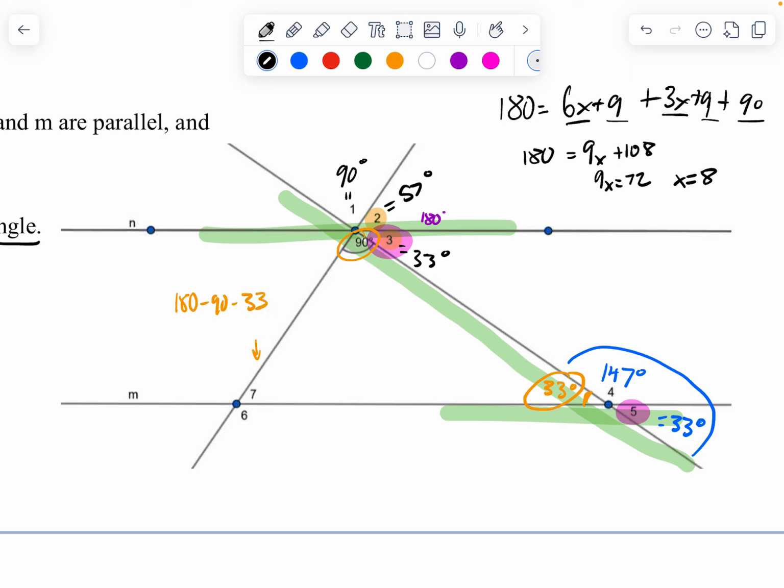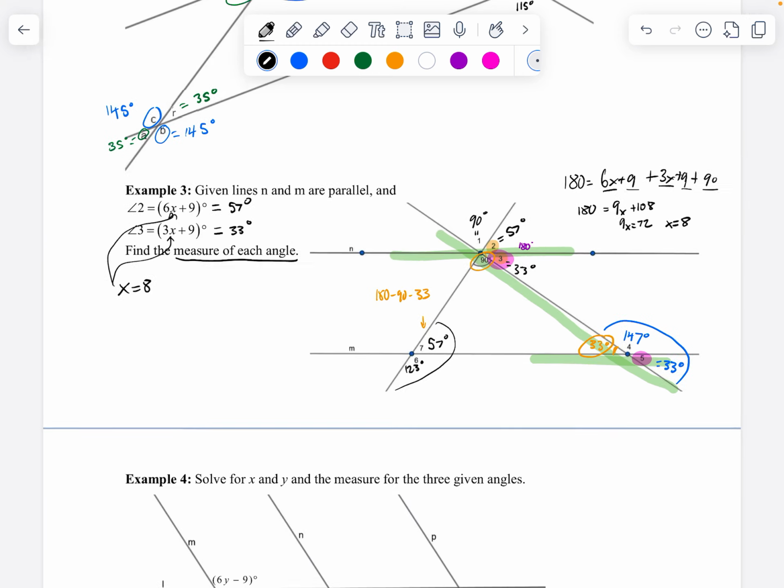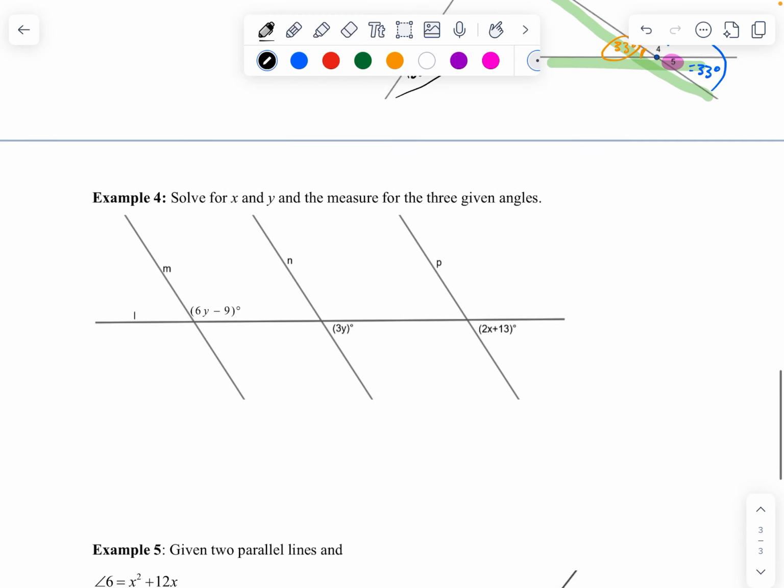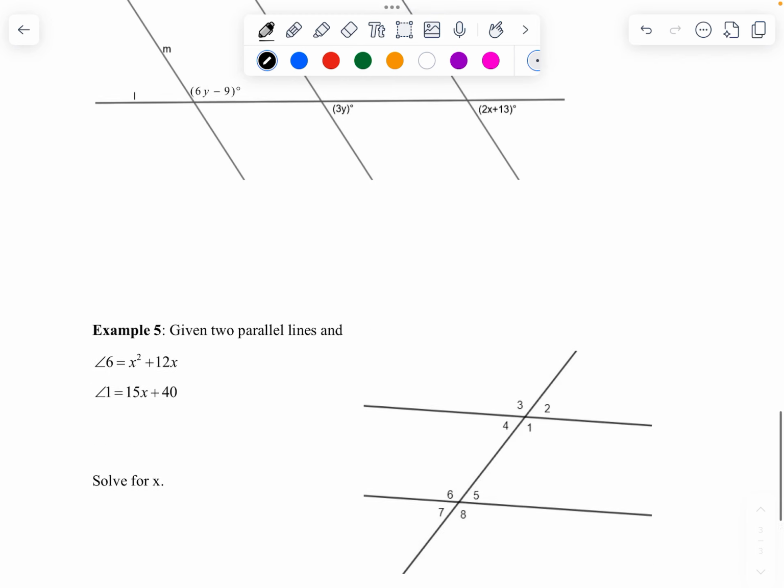In other words, 57. And we also could have found that right there from a corresponding angle. All right, and then supplementary angle, 180 minus 57, and we get 123. So now we know all angle measures as well as our value of x. Okay, as crazy as it gets, there you go.